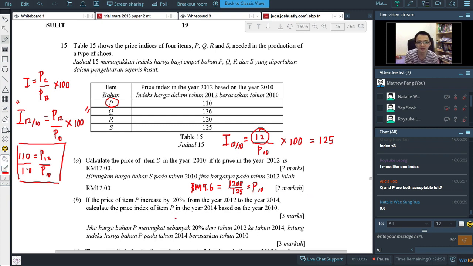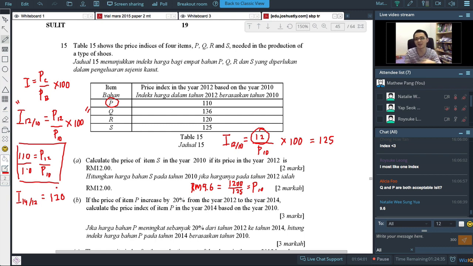Okay, so if the price of P increases by 20% from the year 2012 to 2014, I will write something like this. That means the index number for 2014 over 2012 will increase 20%, which is 120. 100 is the original one. Increase 20, just plus 20.